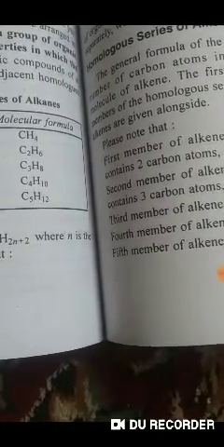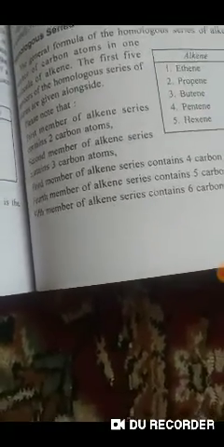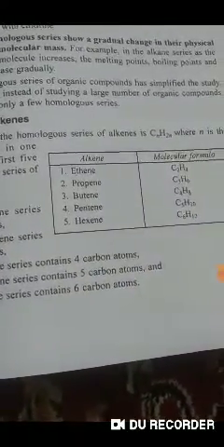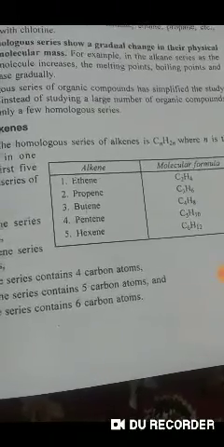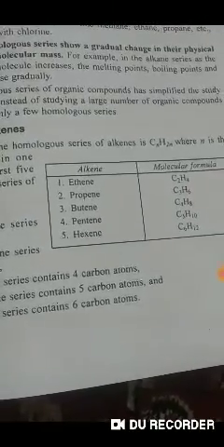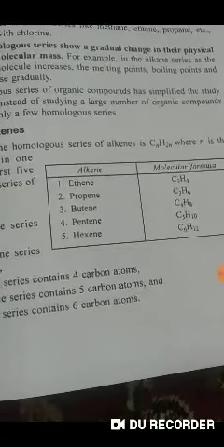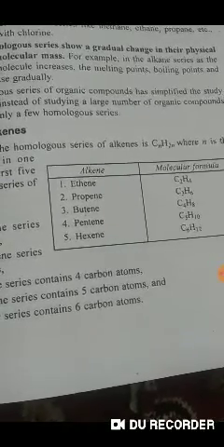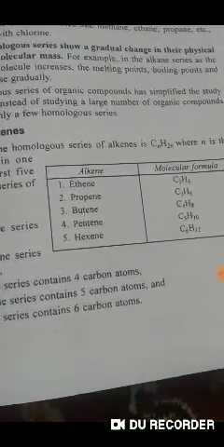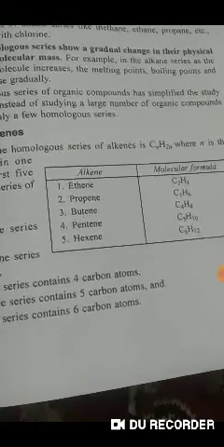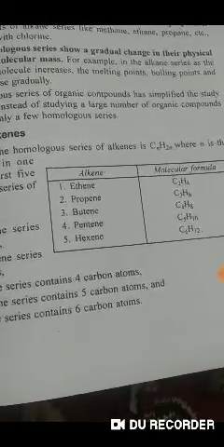The first 5 members of the homologous series of alkanes, which I told you, are methane, ethane, propane, butane, and pentane. The general formula for the homologous series of alkanes is CnH2n+2, where n is the number of carbon atoms in one molecule of alkane. The first member of the alkane series contains one carbon atom.